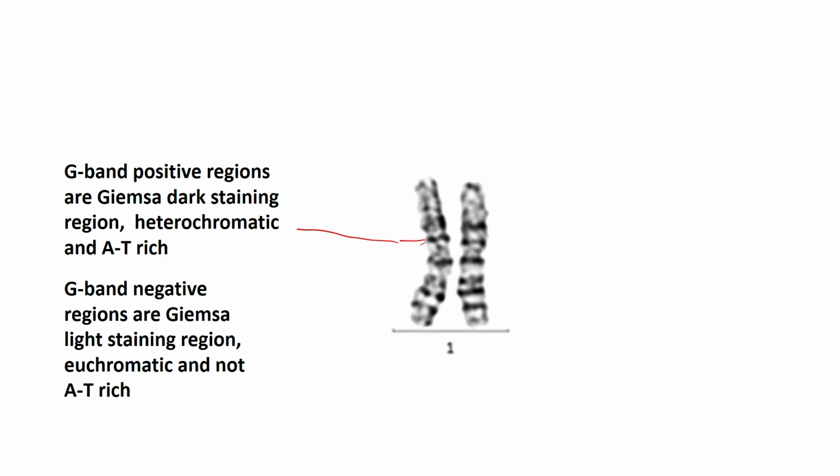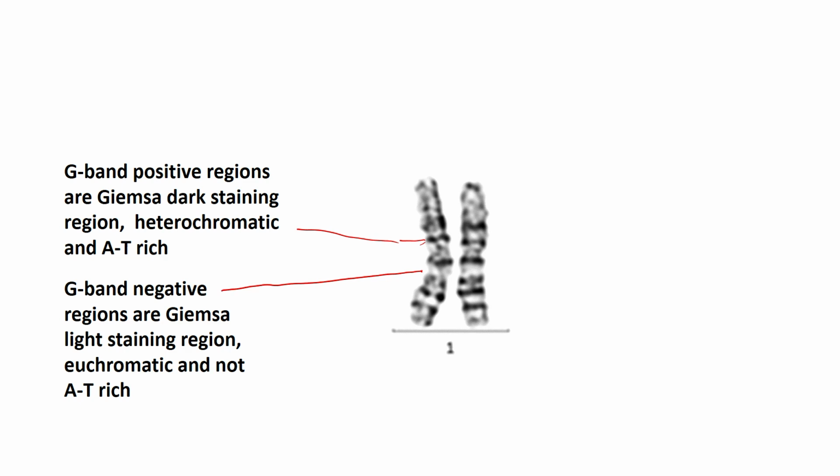The G band negative regions are Giemsa light staining regions and they are euchromatic. Euchromatin means true chromatin, heterochromatin means different or condensed chromatin. What is the difference between euchromatin and heterochromatin? During replication of the DNA, euchromatin replicates earlier, heterochromatin replicates late.